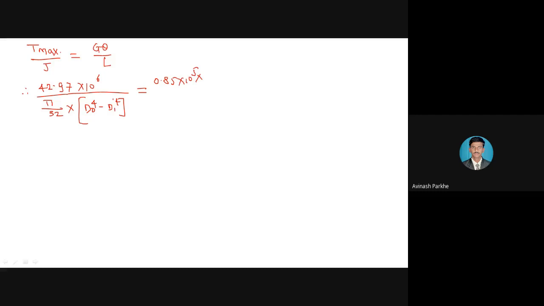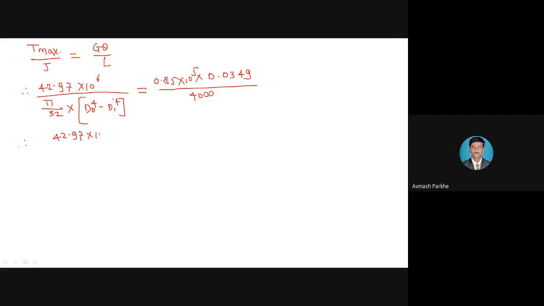You have to take it in radian only. Please keep in mind the 2 degrees given, and to convert that degree into radian, multiply by pi by 180, and from that you will get the value of theta in radian. You can take this value as it is, 0.0349, divided by the length, 4 meter is given. I will convert it into mm, that is 4000 mm. Again the procedure is the same.